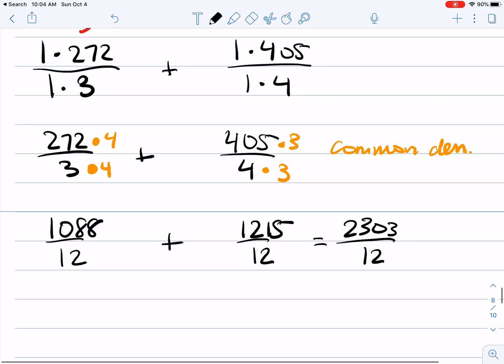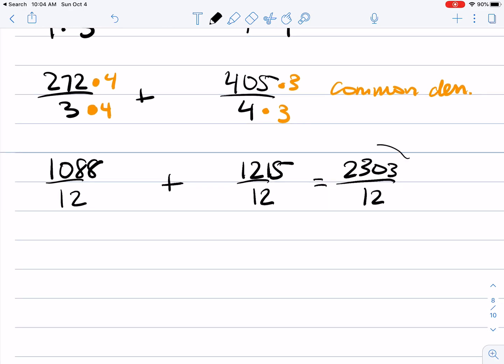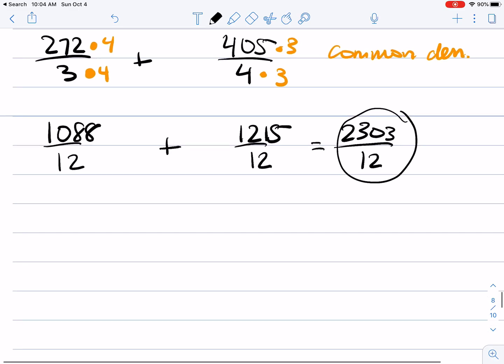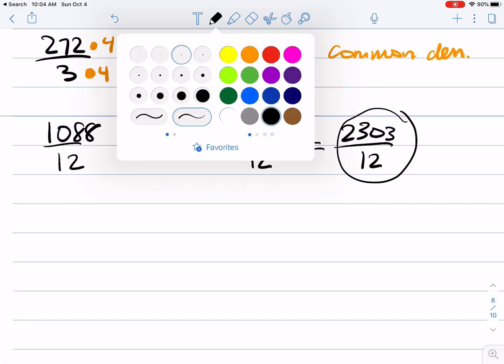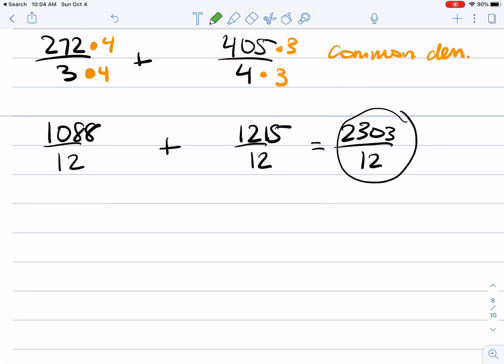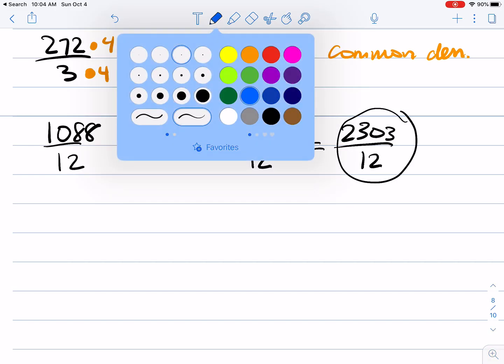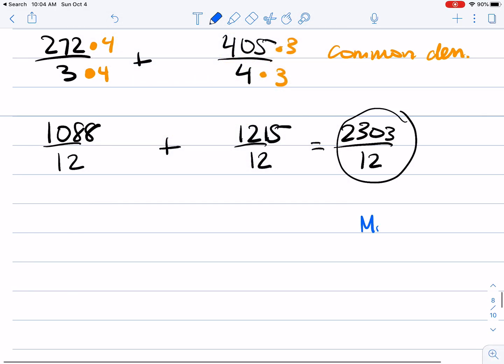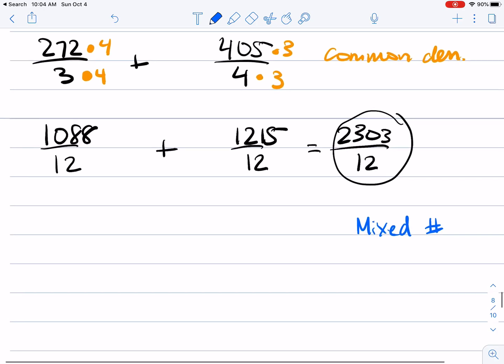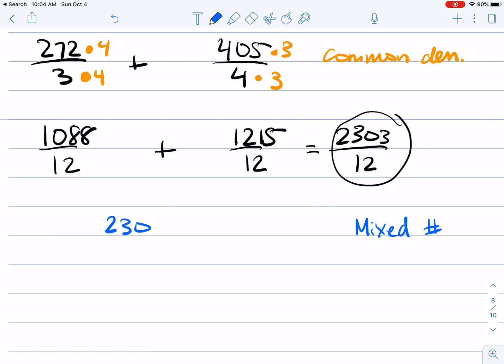Okay, so this is my answer, but I need to make this into a mixed number. We're going to do that using division. So 2303 divided by 12.